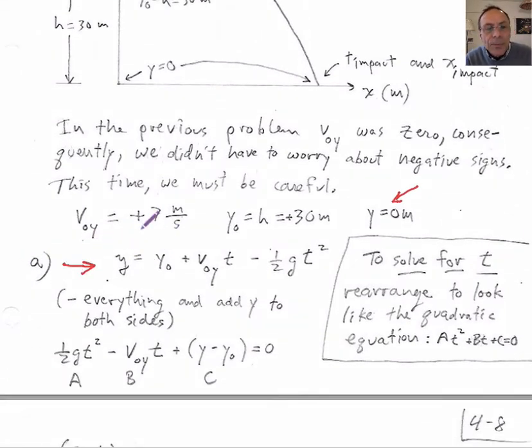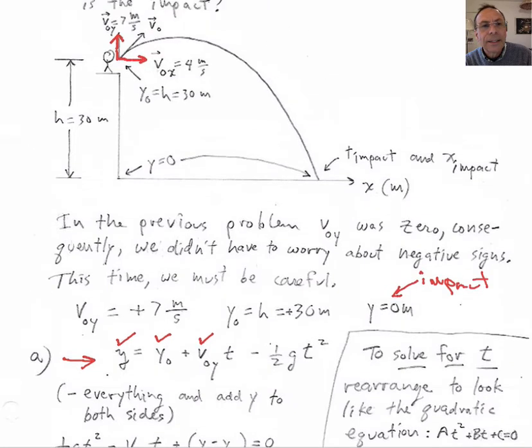Now, notice we know what y is. It's 0 at impact, right? So this is impact. We know what the initial y was. We were at the top of the cliff, so that's the 30 meters. We know what the initial y component of the velocity is, right?